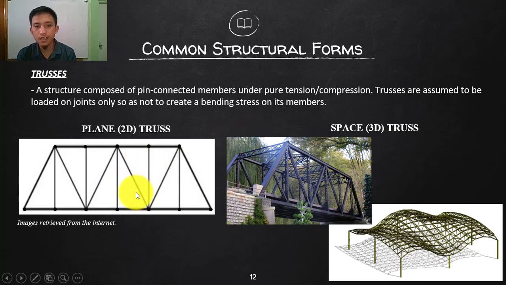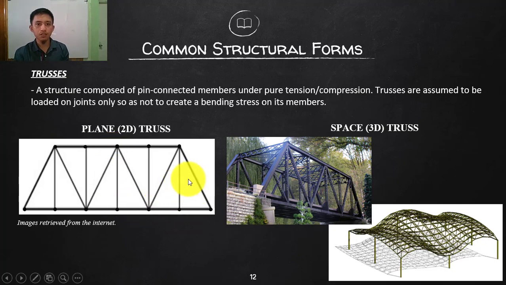Because in trusses, since these are simple supports or pin connected, it means there should be no moment within your member. And that is true because we are loading all of this into the joints. All the loads will be applied on the joints.